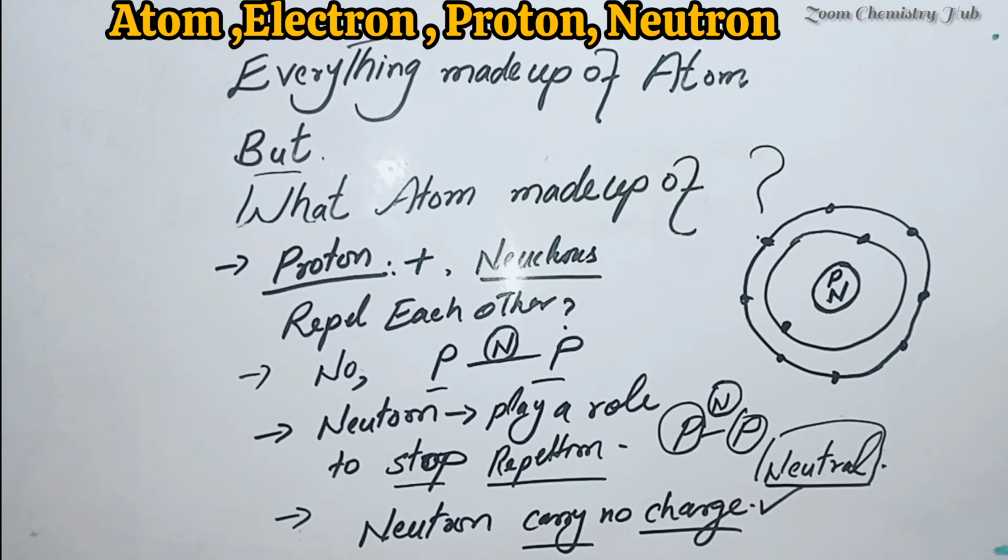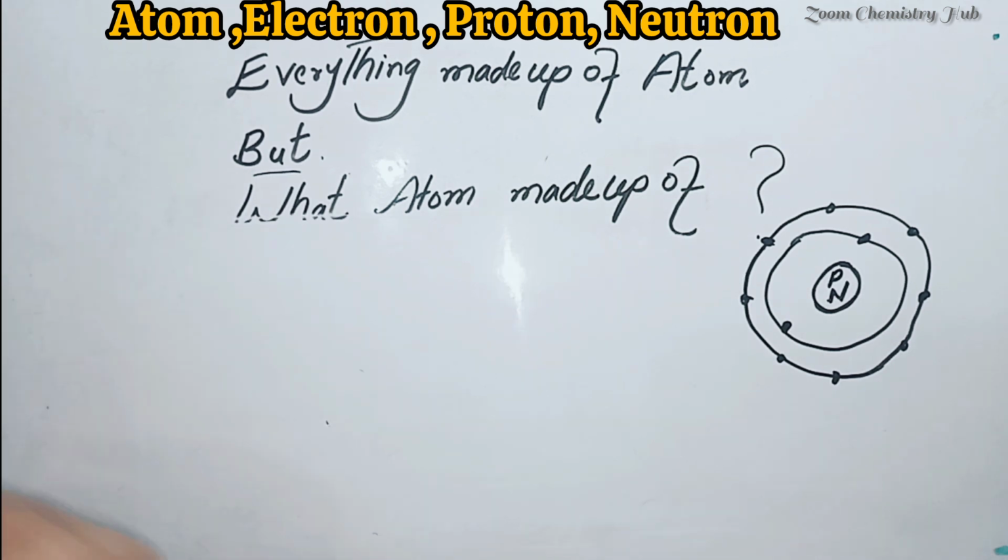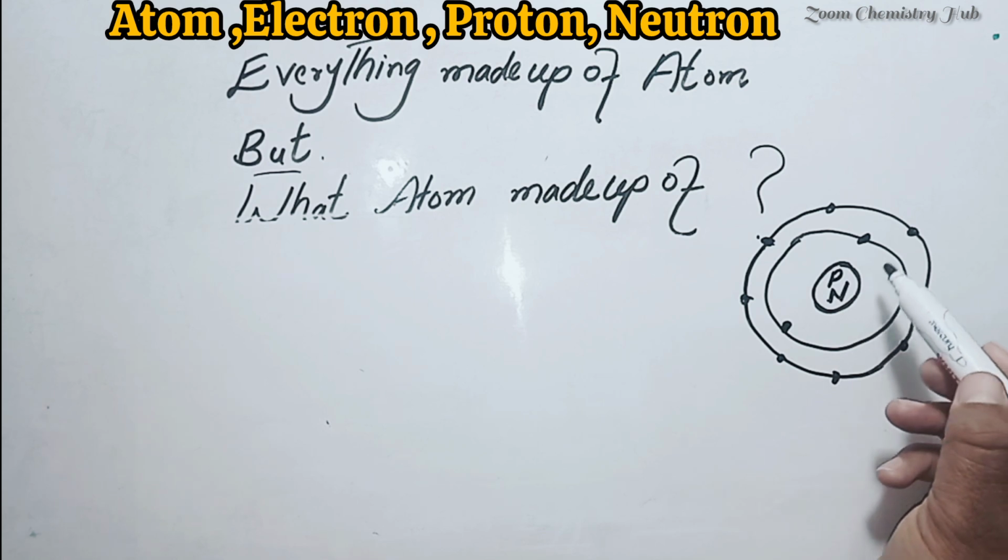Now we will discuss how electrons behave and how electrons stay in their extranuclear region. First, we know that electrons are present outside the nucleus.